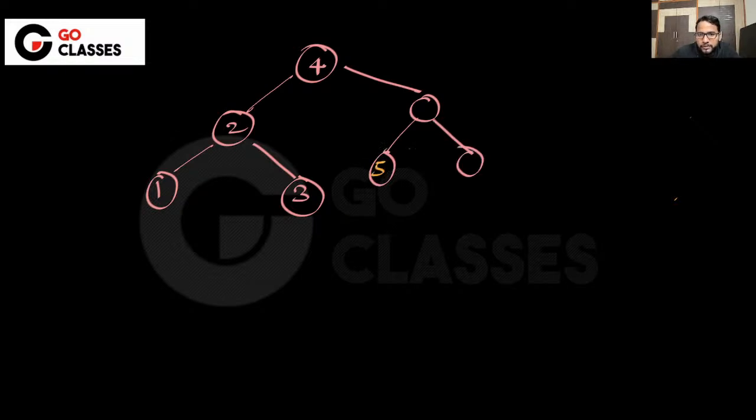This is 5. Suppose I do have this, or maybe you can have a little bigger tree also. But for example, let's suppose I do have this, which has 1, 2, 3, 4, 5, 6, 7, right? Now, the post order will be left, right, and root.